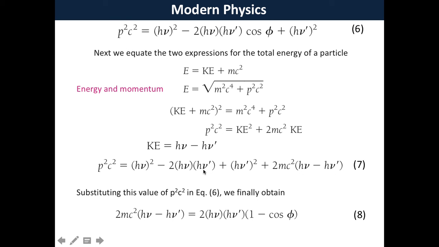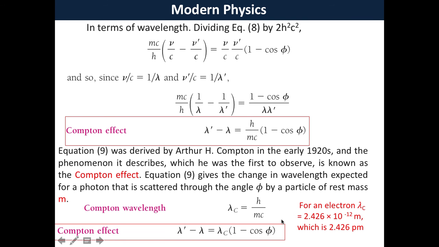If we equate these two equations for p square c square, finally we get 2 mc square h nu minus h nu prime is equal to 2 h square nu nu prime 1 minus cos phi. In terms of wavelength, we divide by 2 h square c square.